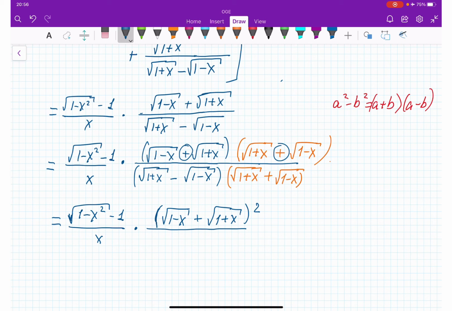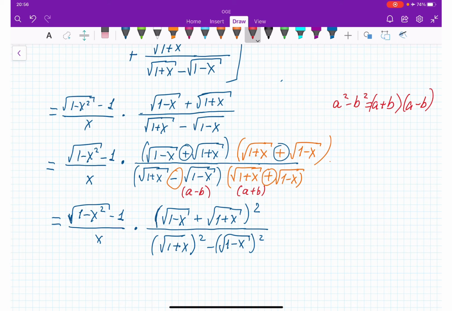But in the denominator, I'm going to get square root of 1 plus x squared. And why is that? Because here I have subtraction, here I have addition. So in this case, at the bottom, I'm using a minus b times a plus b, which will be a squared minus b squared, right? And in the numerator, I will have a plus b times a plus b.